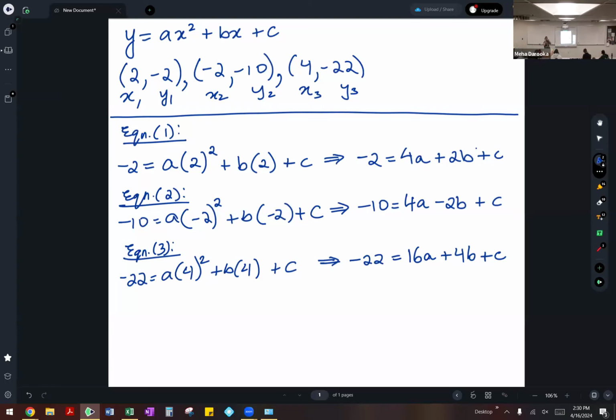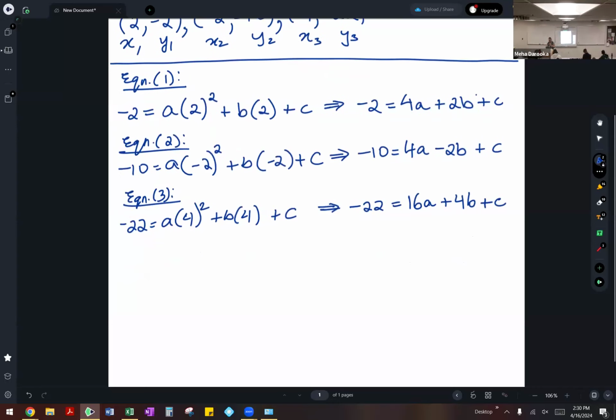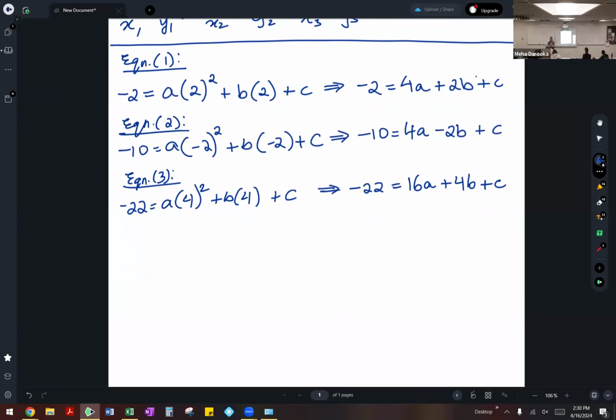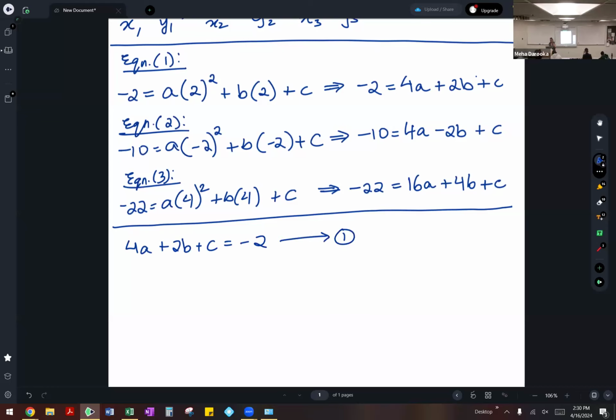Okay, so let's put the 3 equations together so we can start solving them. And again, my brain works better if I have my variables on the left and my equations on the right, guys. So I am actually going to move those Y values to the right-hand side. So your first equation is going to be 4A plus 2B plus C equals -2, so that's equation 1.